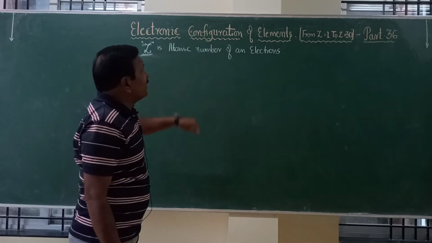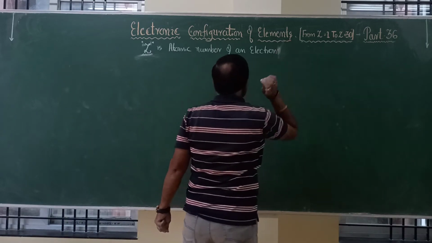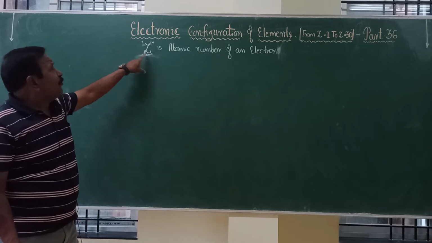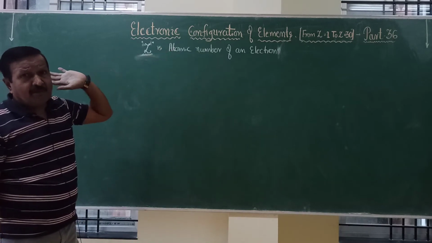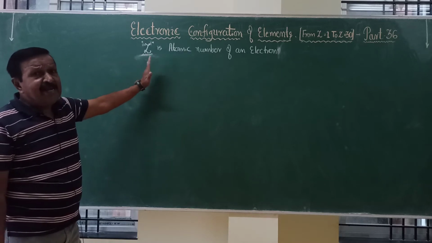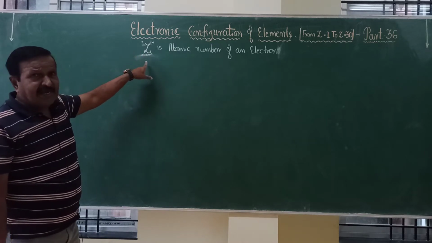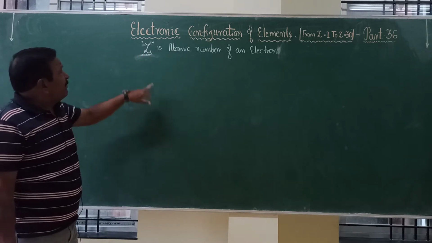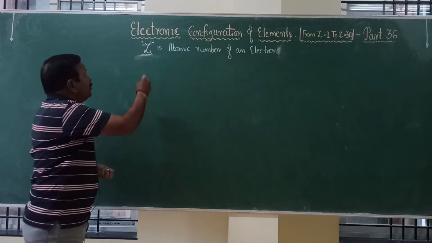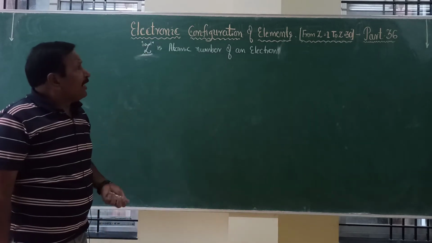Z is the atomic number of an element. They are going to ask you to write the electronic configuration of an element with Z equal to some value. Z is atomic number and A is atomic weight. Even though atomic number is not there in the new syllabus, I have covered that also because you should know the symbol for atomic number.